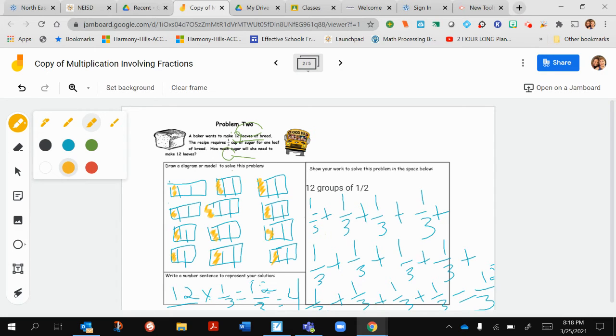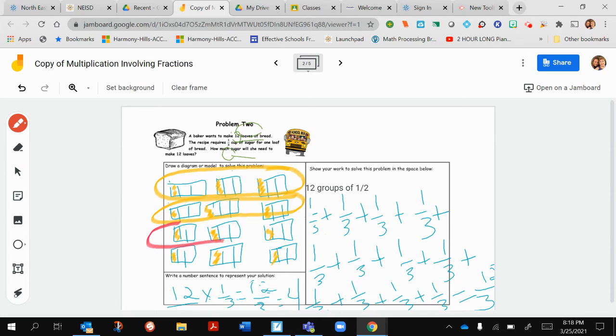If I have 1/3, 2/3, 3/3, and I needed 4 wholes, look at this. If I wrap this around, 1/3, 2/3, 3/3, 1/3, 2/3, 3/3, colors, 1/3, 2/3, 3/3, and 1/3, 2/3, 3/3.